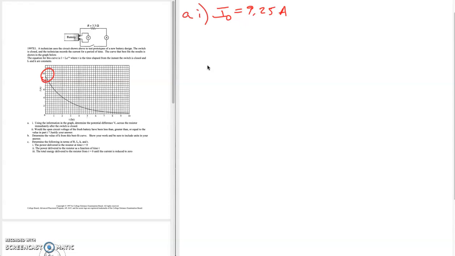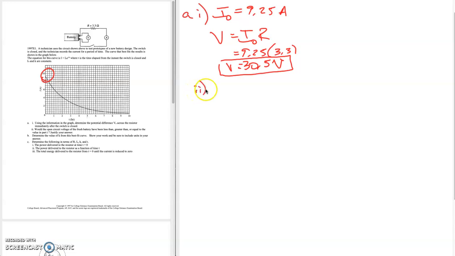Naturally, yours might be a little bit different, but it should be a little bit more than 9 and a little bit less than 9.5. So the voltage across the resistor is going to be I naught times R. So that would be 9.25 times 3.3, and that gets me 30.5 volts. Don't forget that all numerical answers require units.